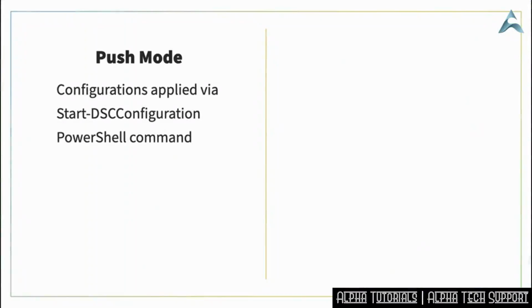We were just discussing the staging of the DSC files for the target nodes on the DSC pull server. There are two ways, or you can say two modes, to accomplish this. One of them is the push mode. In this mode, the configurations are applied to the node via the Start-DscConfiguration command. These configurations are pushed to the local configuration manager, which is the LCM of the target nodes.